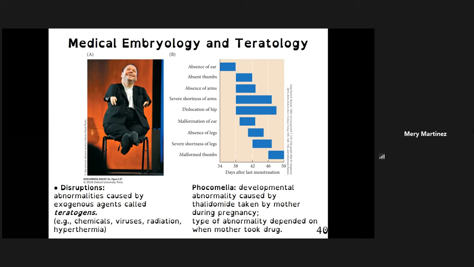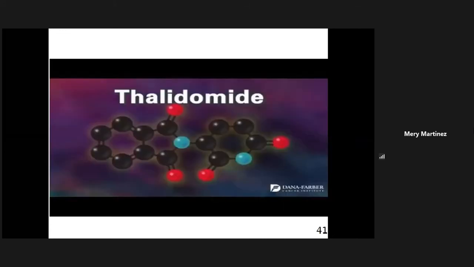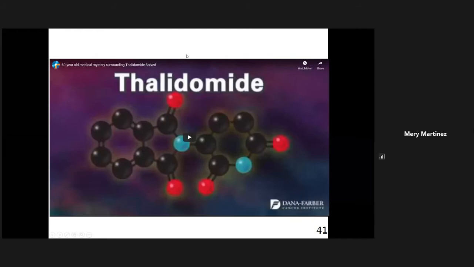We have the FDA in the States that approves whether the drugs are safe or not. We still use this drug, but for treating cancer, not necessarily for avoiding morning sickness. So we want to watch a little video that summarizes a little bit what happened with this drug.